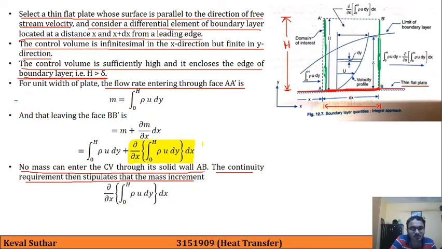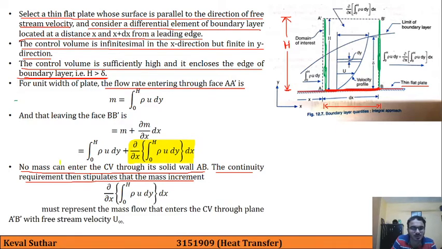So this is the mass increment which is happening, and this integral must represent the mass flow that enters the CV through plane A prime B prime, entering through here along with the free stream velocity u infinity.